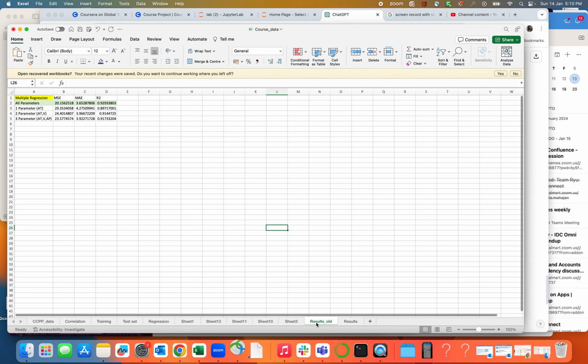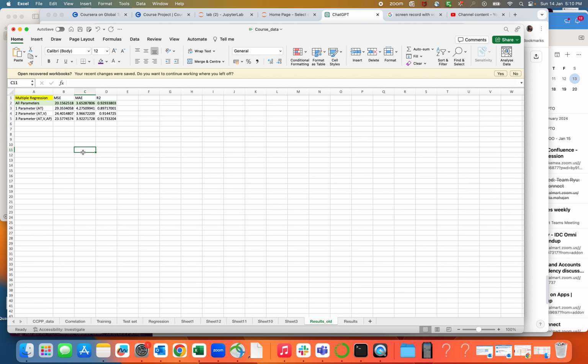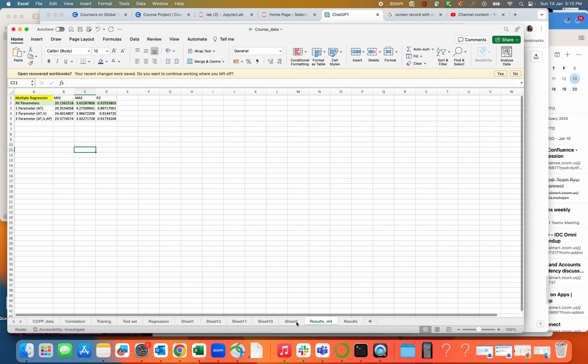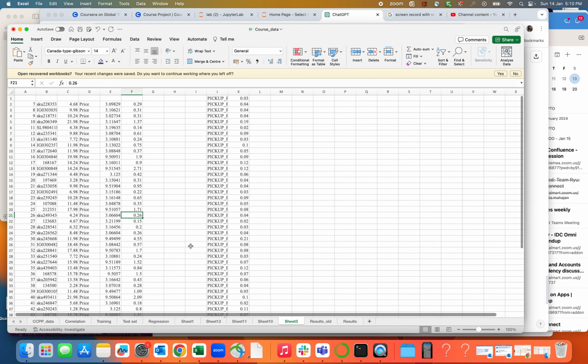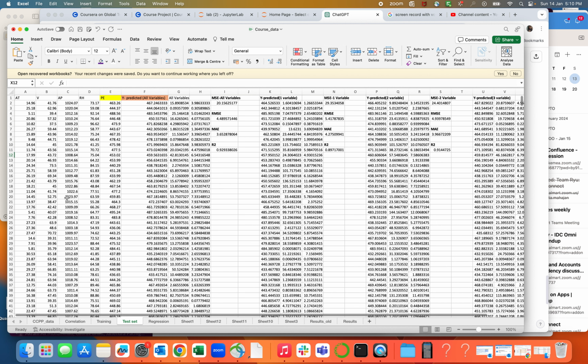So I compared the mean square error. What I did is, once I had the models ready, I compared them on the test set. I looked at the predicted Y variable for the models with 1 variable, 2 variables versus 3 variables.